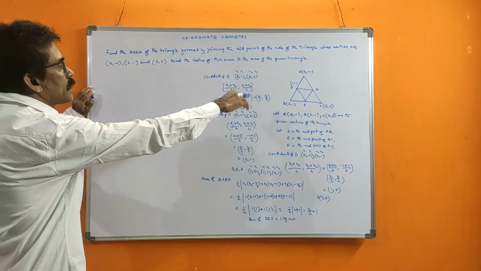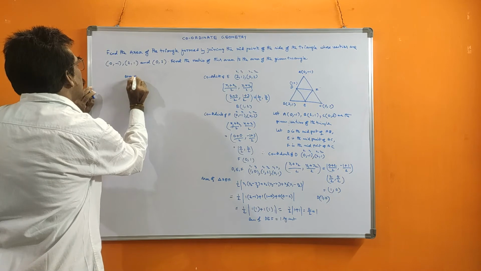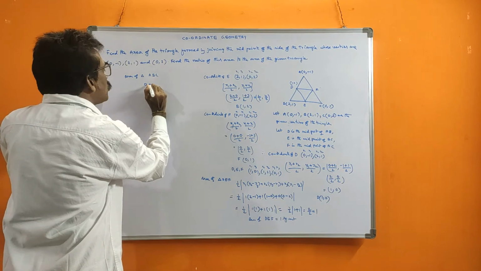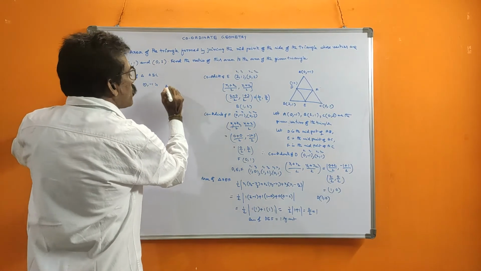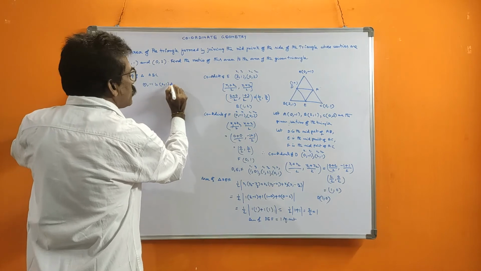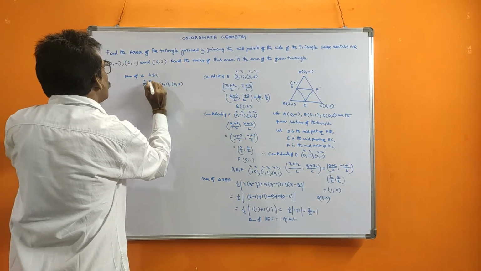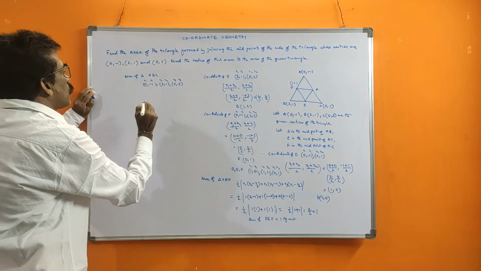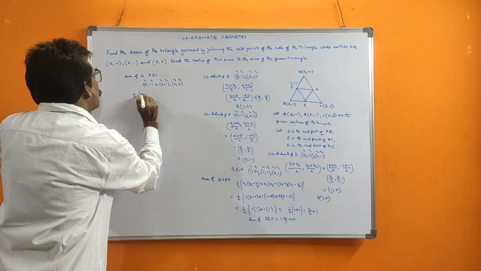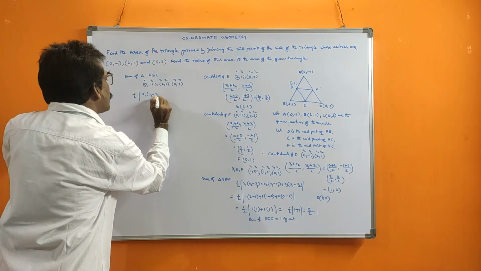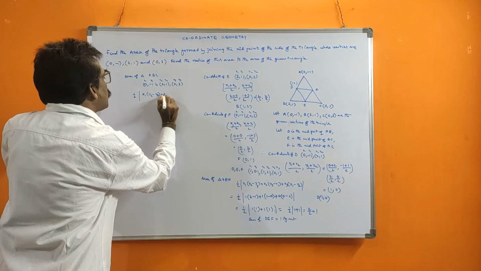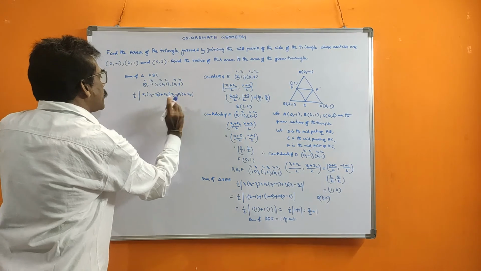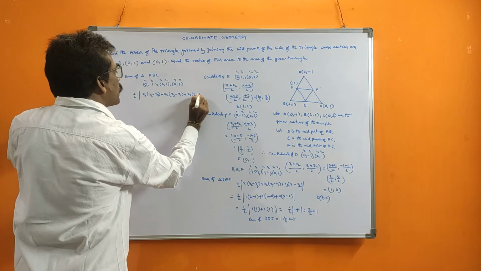But ratio he asked. Now the area of triangle ABC. Here the points A is (0, -1), B is (2, 1), C is (0, 3), x1, y1, x2, y2, x3, y3. Now substitute in half of mod x1 into (y2 minus y3) plus x2 into (y3 minus y1) plus x3 into (y1 minus y2).